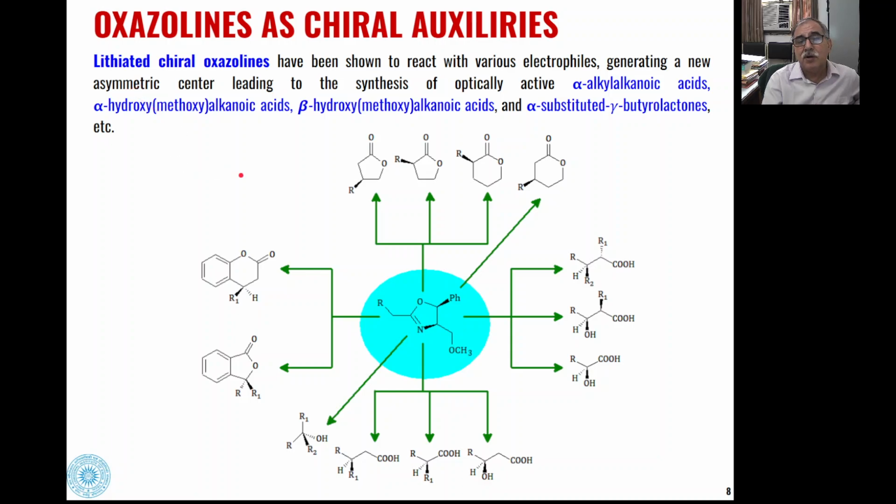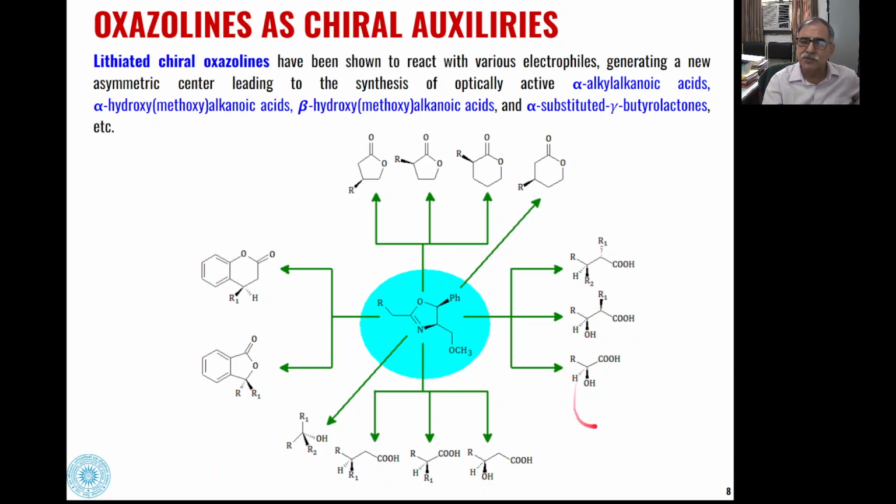Then oxazolines, depending upon the type of other substrates which we use, can be used for the synthesis of different types of organic compounds which are chiral in nature, and the most commonly used synthesis is the synthesis of optically active alpha alkyl alkanoic acids. So these types of compounds are alpha alkyl alkanoic acids. Then alpha hydroxy alkanoic acids, alpha hydroxy carboxylic acids, can also be prepared.